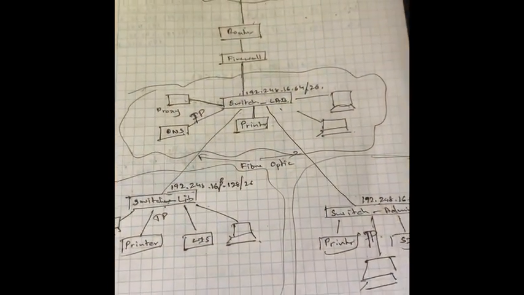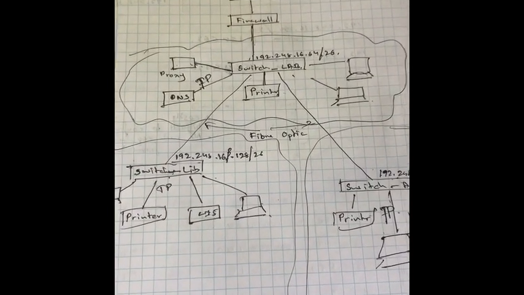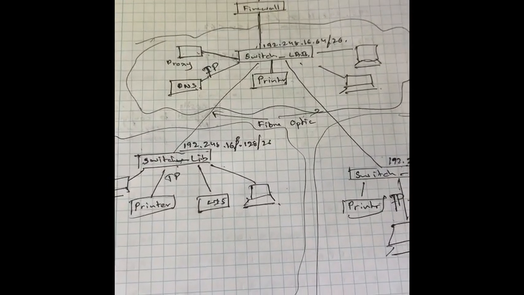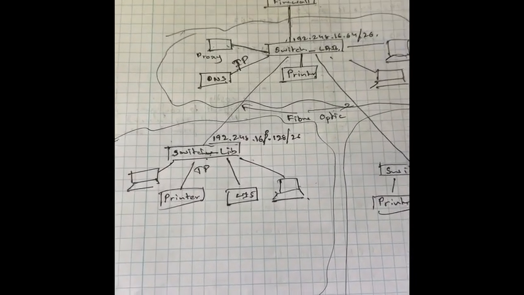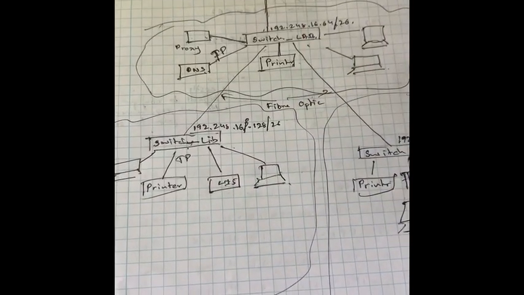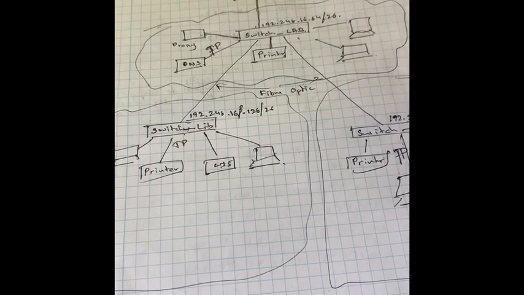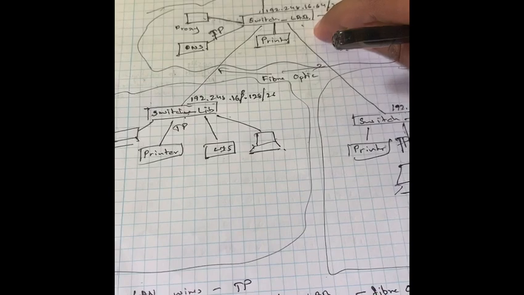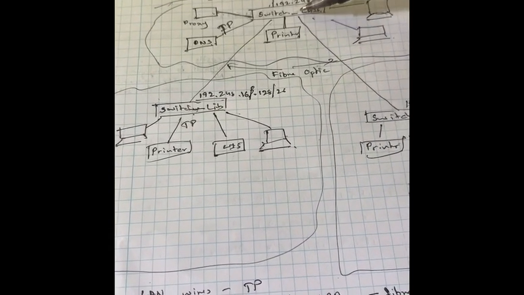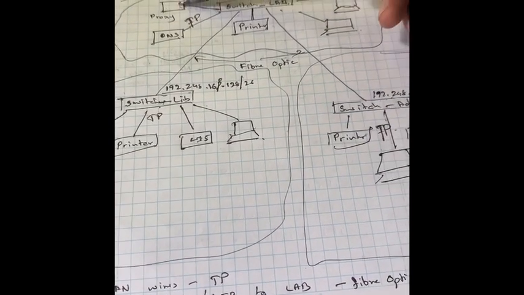So again, there is the internet. Only a router will be able to access the internet. So the firewall of a network comes behind the router towards the local area network. And it is said that the lab network will be the network given internet access to, and two computers of the lab network will be converted into a DNS server and a proxy server, and there will be printers for each network.